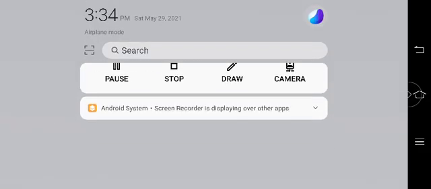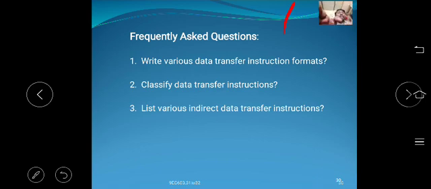The first is: write various data transfer instruction formats. The second important question is: classify the data transfer instructions. Then, list various indirect data transfer instructions.